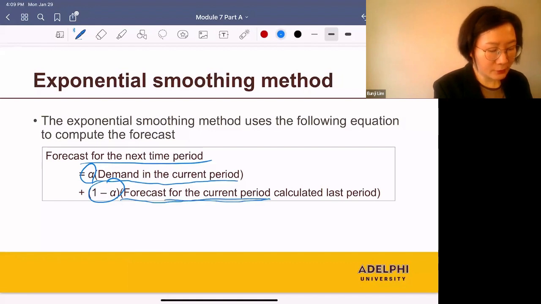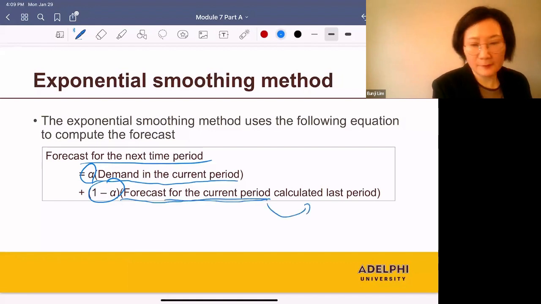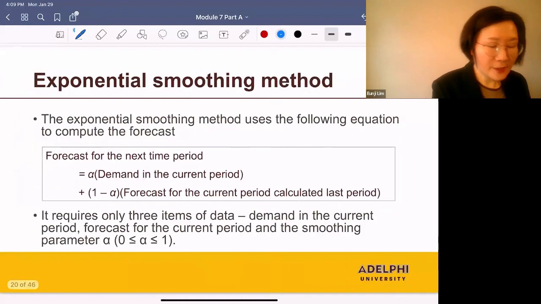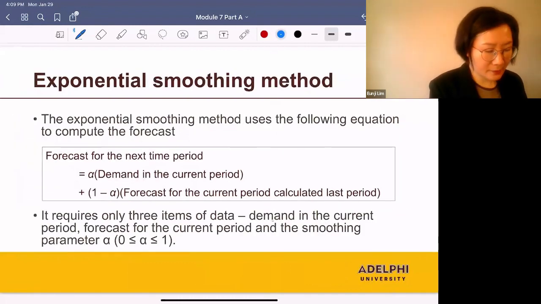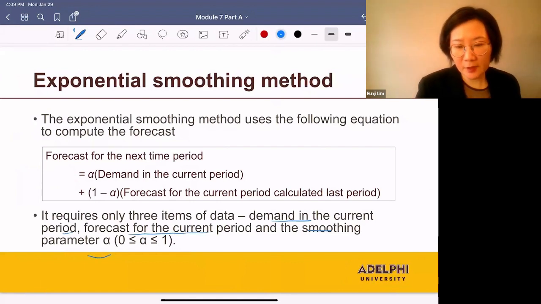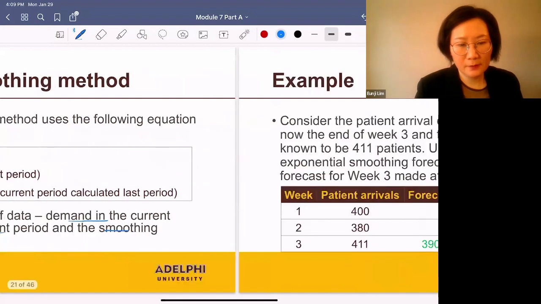And this was calculated from the previous period. And this requires only 3 items of data: demand in the current period, forecast for the current period, and the smoothing parameter, which is a given number between 0 and 1.